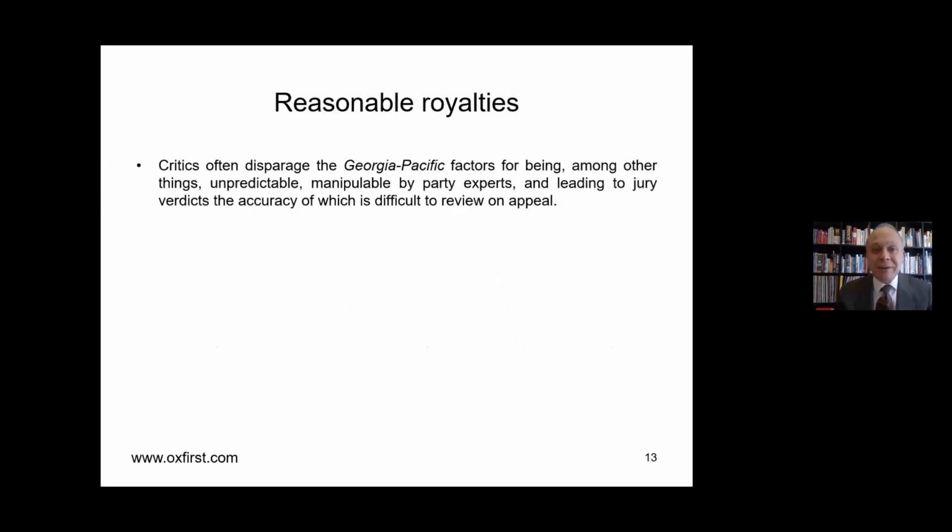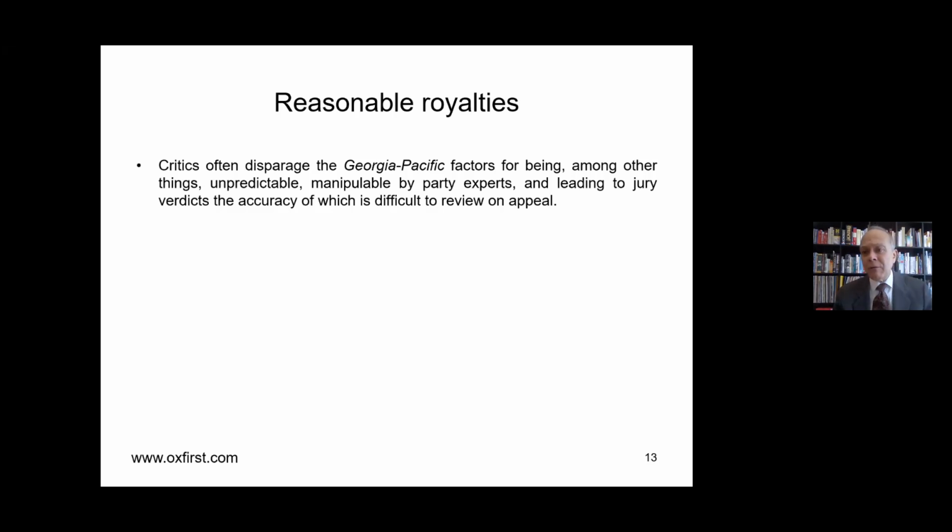Now, critics of the Georgia-Pacific factors will often note with some justice that the factors can be rather unpredictable in their application. They can be to some degree manipulable by party experts.